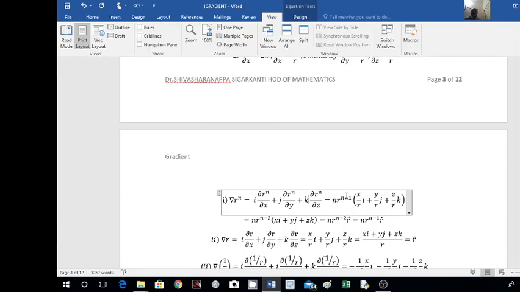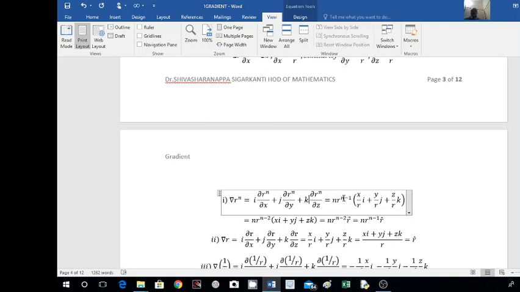So I have taken n into r power of n minus 1 as a common factor. Then this is dou r by dou x, dou r by dou y, dou r by dou z. Now taking this r outside here, then if it goes to the numerator, already we have r to the power of n minus 1 in the numerator.